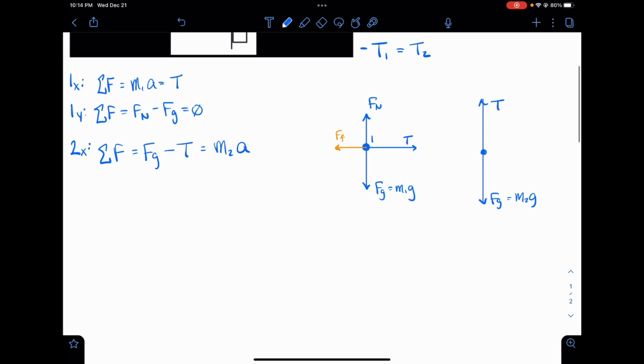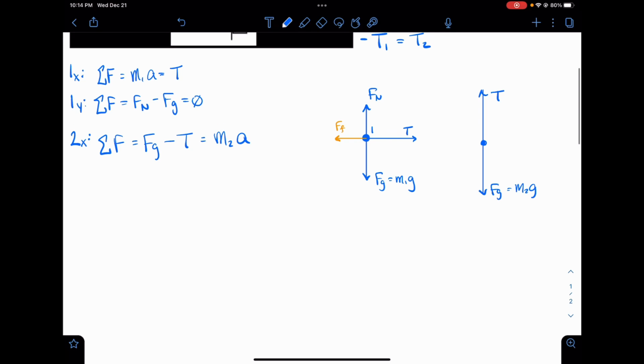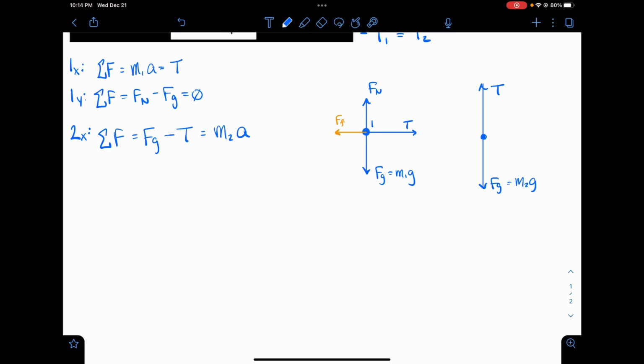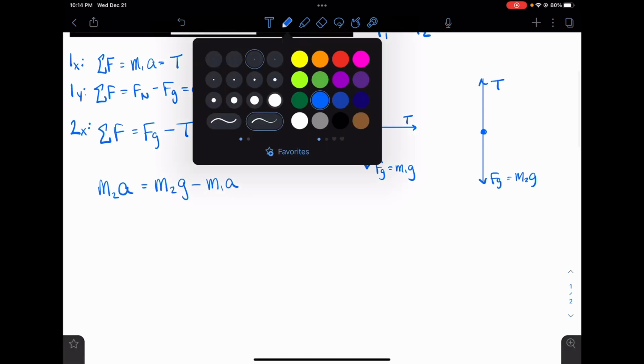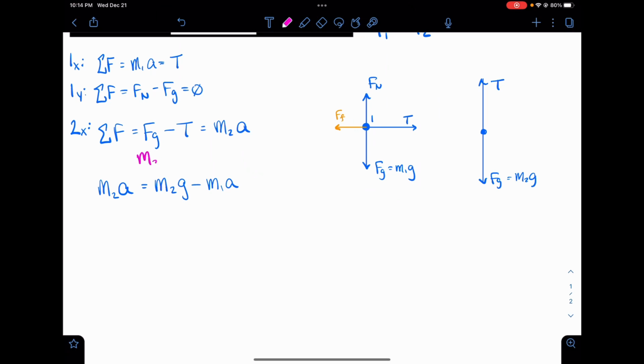If we plug this equation right here into this equation, because our tensions are the same, we're going to have M2A equals M2G minus M1A, where this FG is M2G.